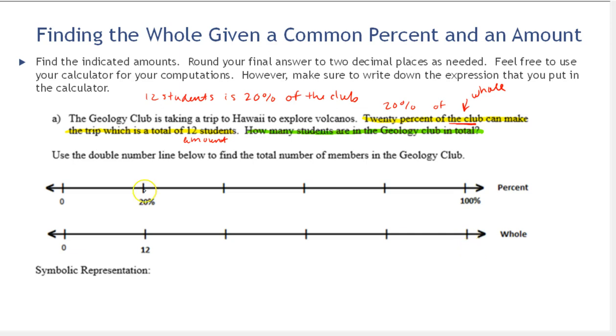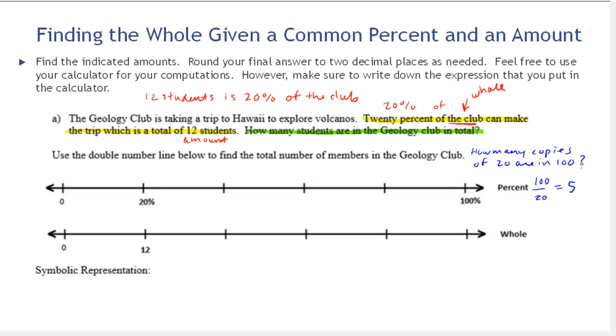So notice the number line is partitioned into 5 equal pieces. So let's see where I got that 5 equal pieces from. I divided 100 by 20 to get 5 because I wanted to see how many copies of 20 are in 100.